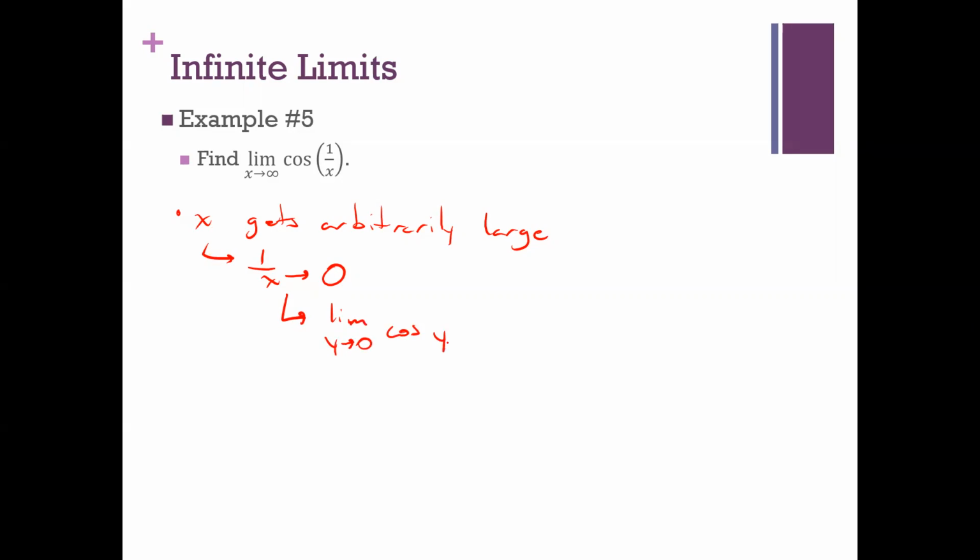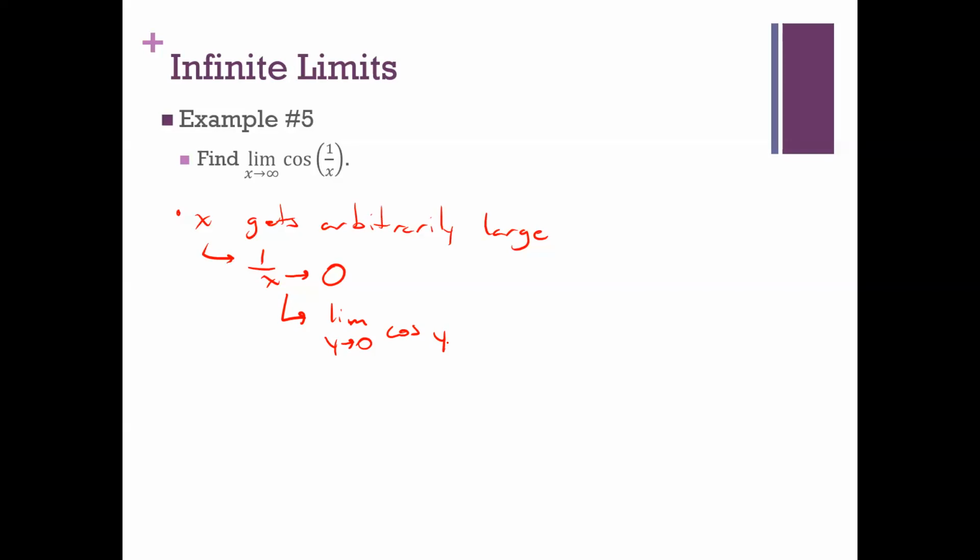Am I answering the same question that I started with? The first thing I asked you was, as some variable X gets larger and larger, that's going to make the input to this cosine function get smaller and smaller, approaching but never reaching 0. So I'm also asking, what's the limit as y approaches 0 of cosine of y?